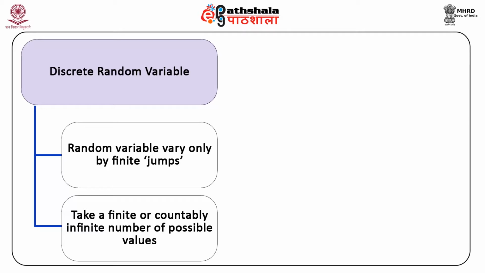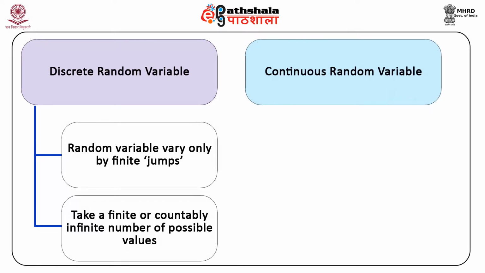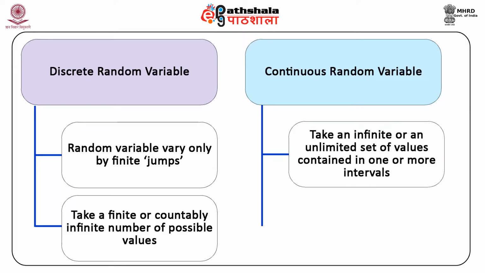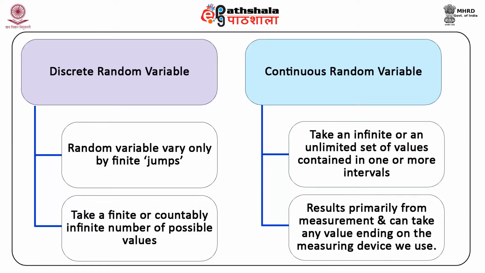We also have a continuous random variable. A random variable is a continuous random variable when it can take an infinite or an unlimited set of values contained in one or more intervals. A continuous random variable results primarily from measurement and can take any value depending on the measuring device we use.